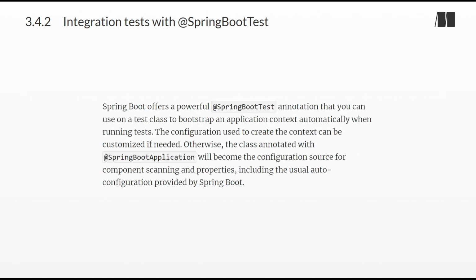Spring Boot offers a powerful @SpringBootTest annotation that you can use on a test class to bootstrap an application context automatically when running tests. The configuration used to create the context can be customized if needed. Otherwise, the class annotated with @SpringBootApplication will become the configuration source for component scanning and properties, including the usual auto-configuration provided by Spring Boot.